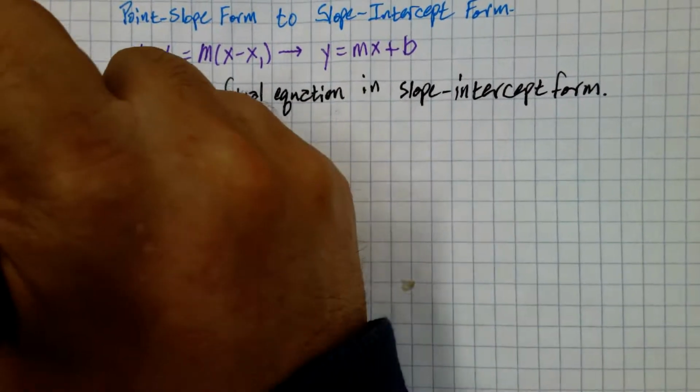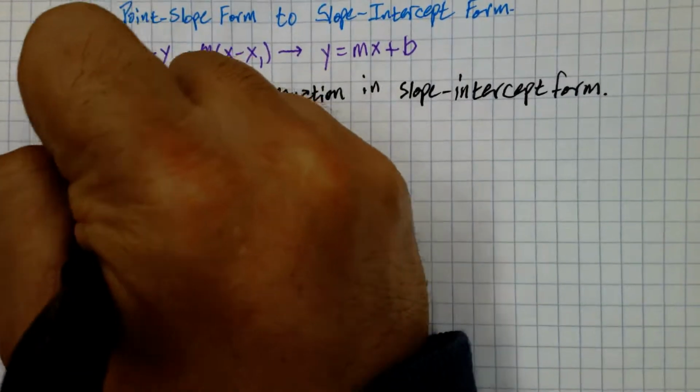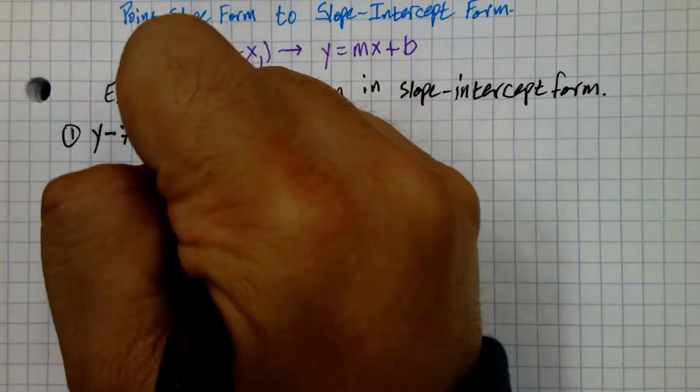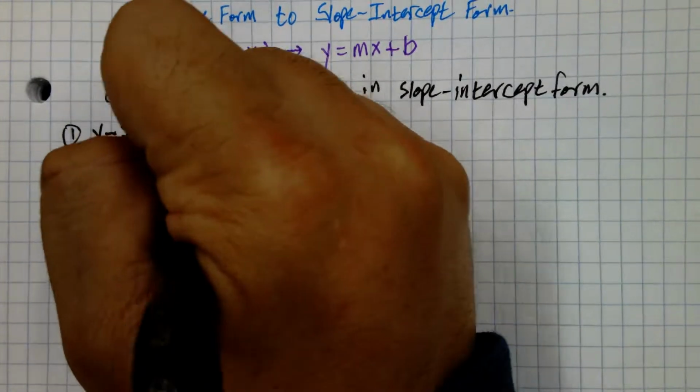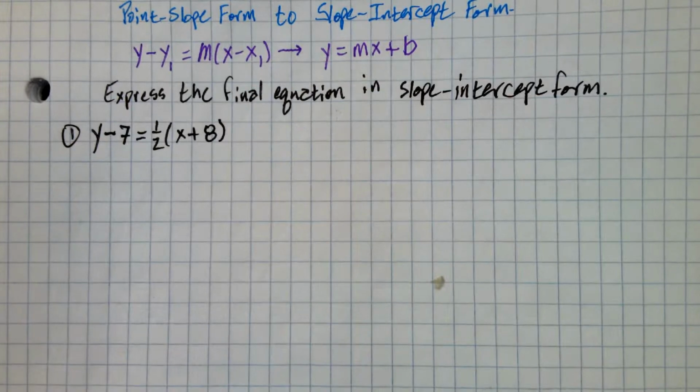So write this down. y take away 7 equals 1/2 parentheses x plus 8. Okay, let's do that.